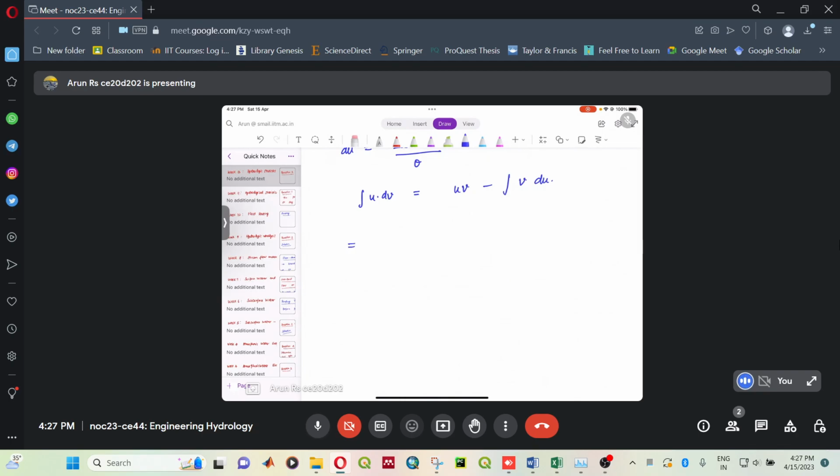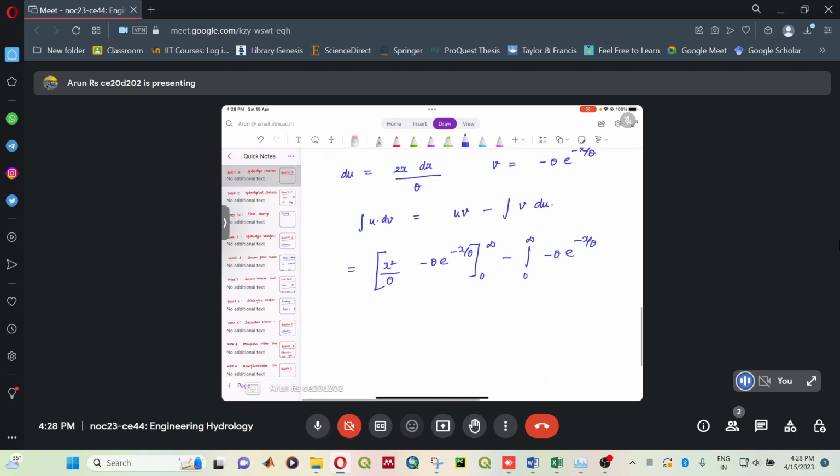So this will be equal to u is x square by theta, and v is minus theta e power minus x by theta, and we need to evaluate this over the limit of 0 to infinity, minus integral again 0 to infinity of minus theta e power minus x by theta, and du we have found as 2x dx by theta.